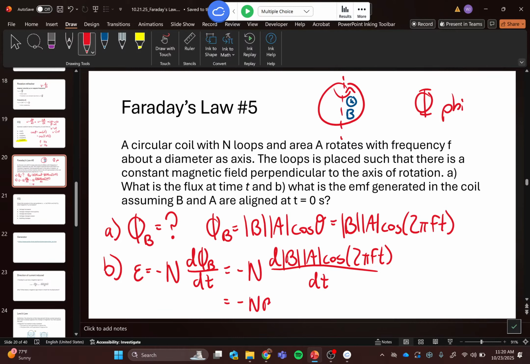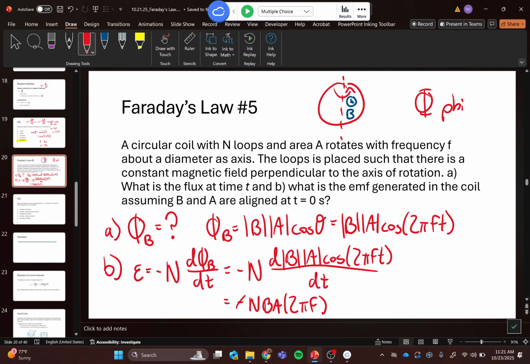So the B and the A get pulled out. The derivative of cosine is sine. But before I do that derivative to turn it to sine, chain rule. Take the derivative of the inside. What's the derivative of the inside? You just pull out a 2 pi f. And there's a negative sign that comes from taking the derivative of cosine, so that's going to get rid of our negative sign. We don't really care about the negative sign currently.